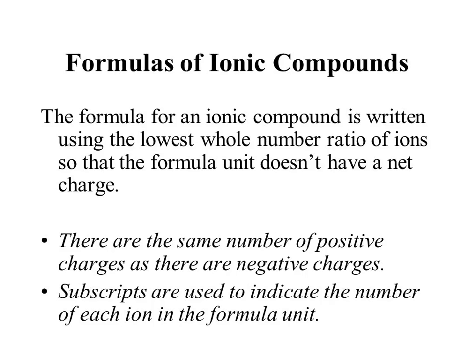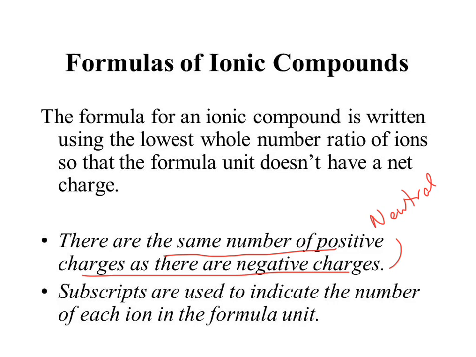Let's see. We kind of talked about the neutral, same number of positive charges as there are negative charges. That's the neutrality we talked about. And then the other thing, I guess that's not on here.